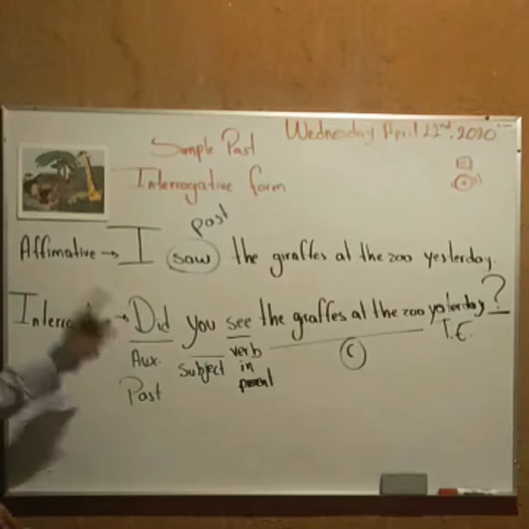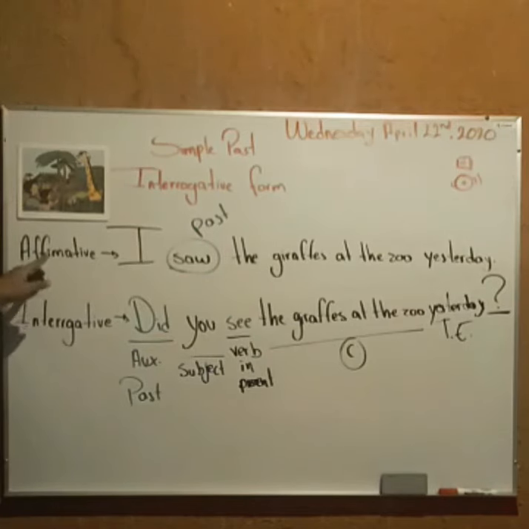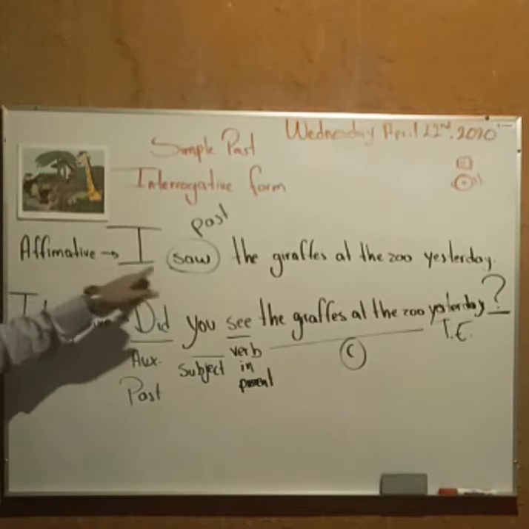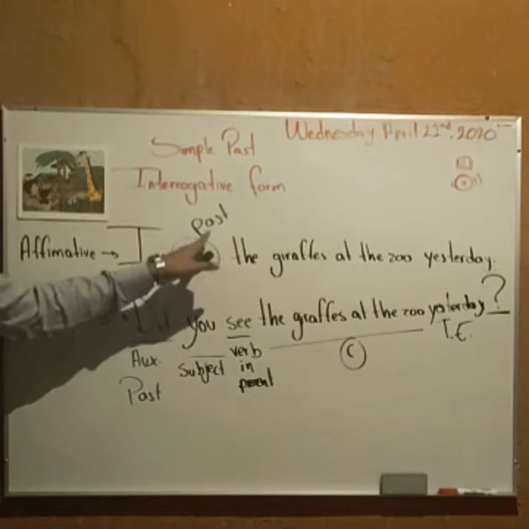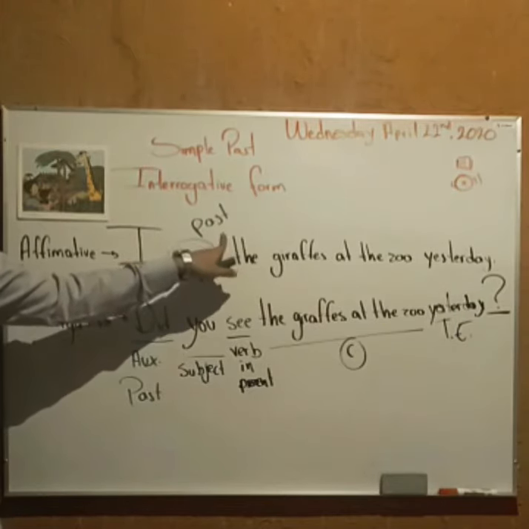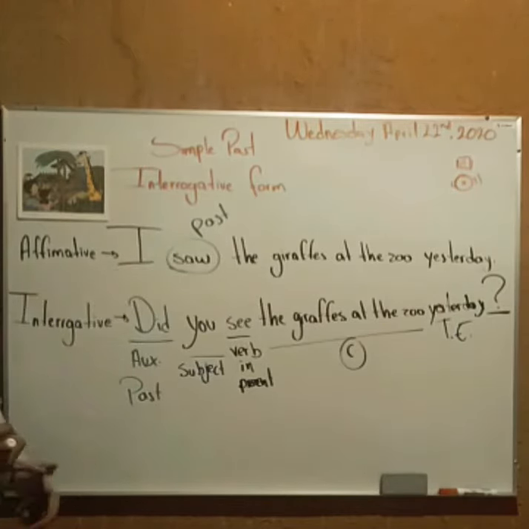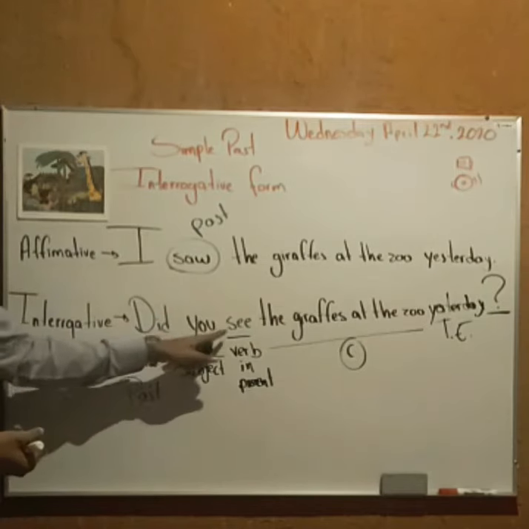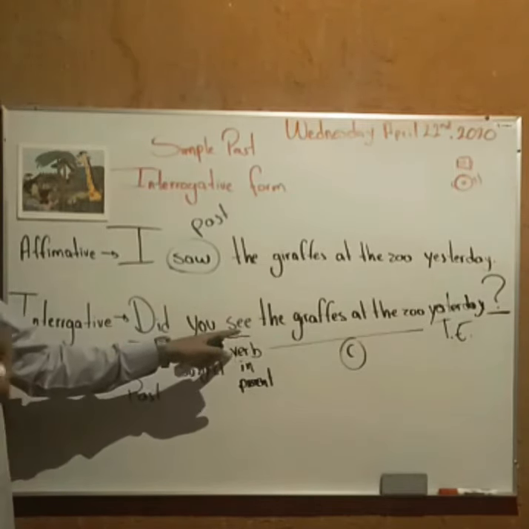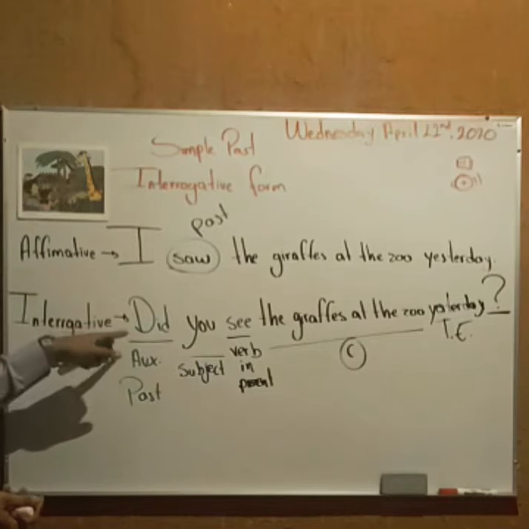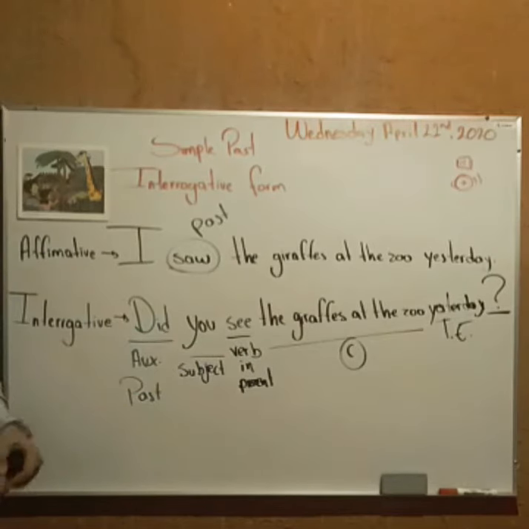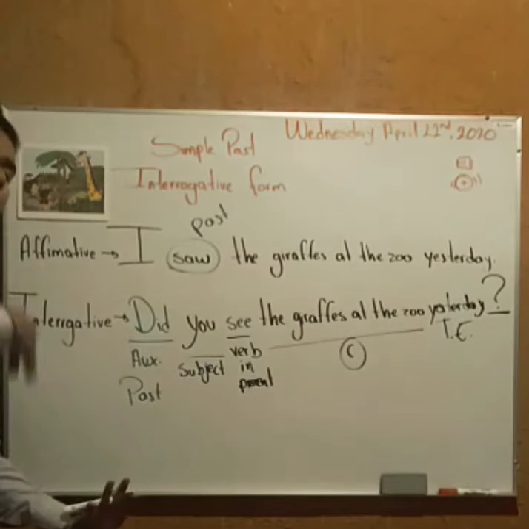Very easy. Just remember, only in affirmative form, the verb is going to be in past. In negative and in interrogative form, the verb is going to be in present. Why? Because our auxiliary did expresses past.